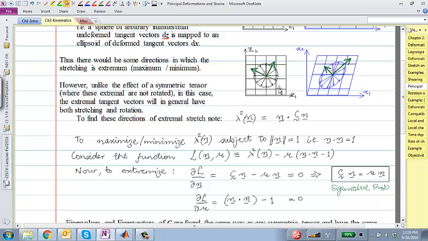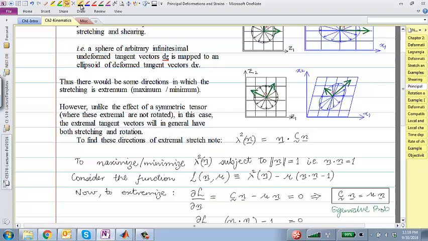And let me ask you this now. This direction and this direction, let's call them N1 and N2. Do these directions change when we go to the deformed shape? Keep in mind that the actual deformation is happening through F. So the N1 direction will rotate a little bit.